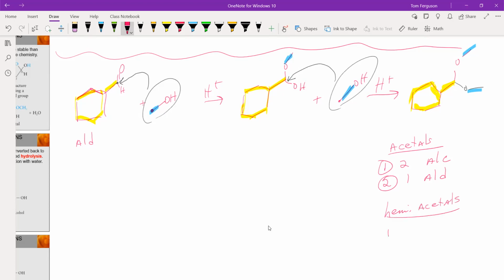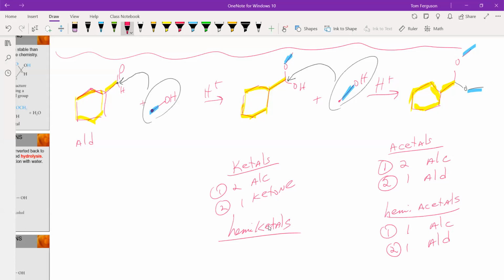Hemiacetals require one alcohol, one aldehyde. Ketals, two alcohols, one ketone. Hemiketals require one alcohol, one ketone.